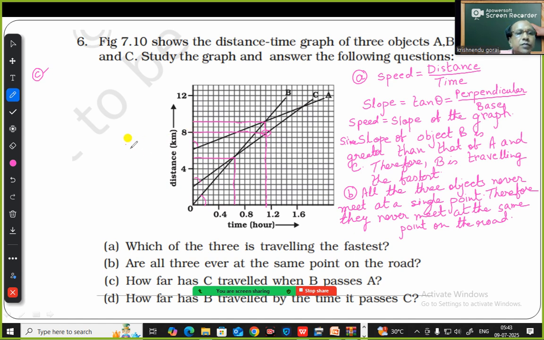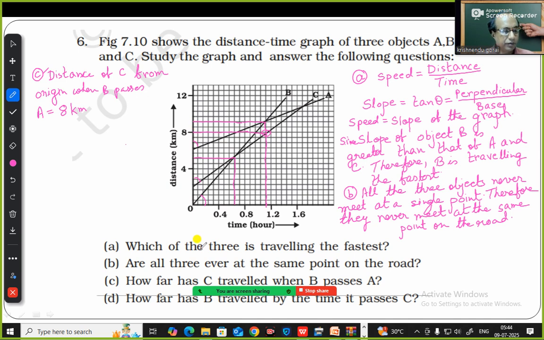Therefore, the distance of C from the origin when B passes A is 8 kilometers.